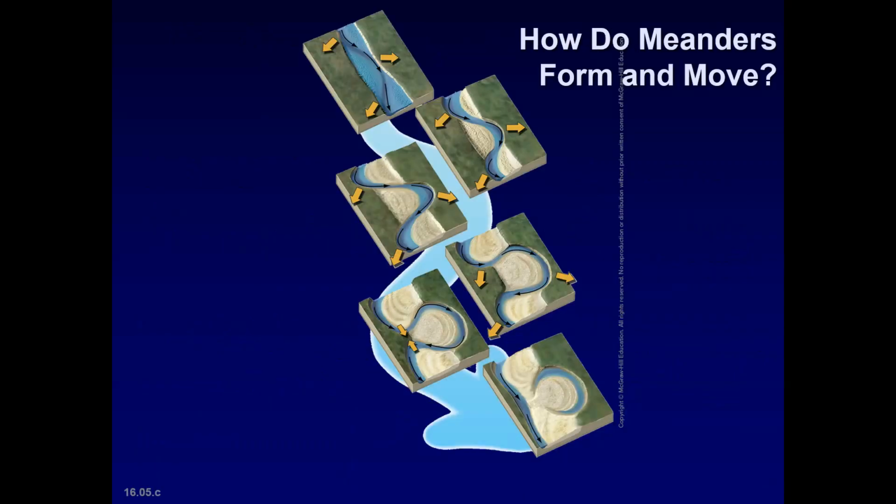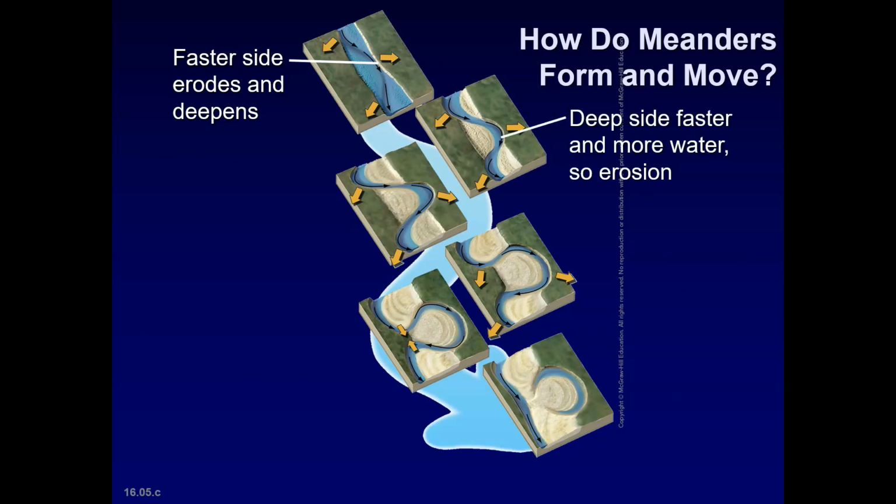But how do they form and move? How do meanders form and move? So the curve begins when the water velocity is faster on one side. It gets eroded and deepens, and then the deeper side carries more water, and then the water's faster, so then we have more erosion as well, forming that cut bank.